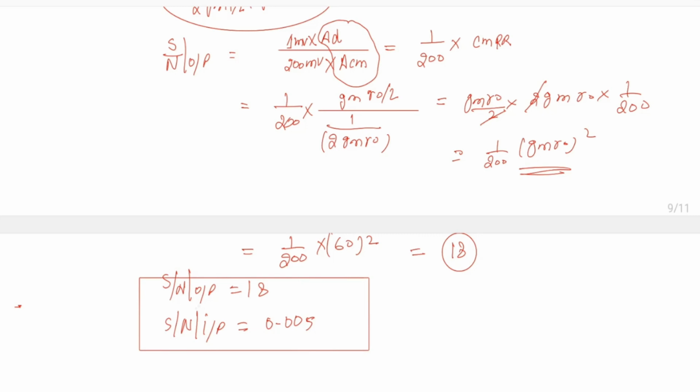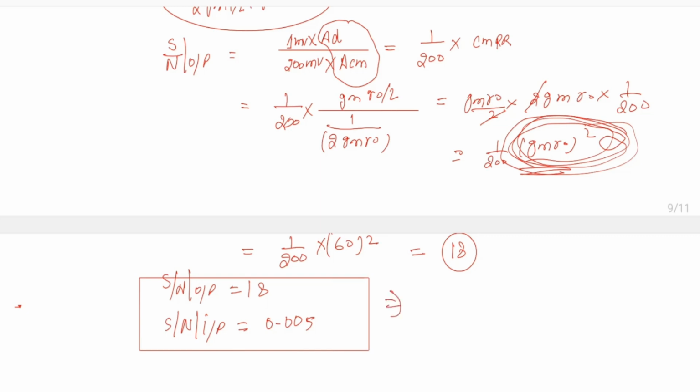High signal to noise ratio means noise is less, signal is high, and low signal to noise ratio means signal is low and noise is high. So just because of this common mode rejection ratio of order gm R0 square, see how much noise we are rejecting.